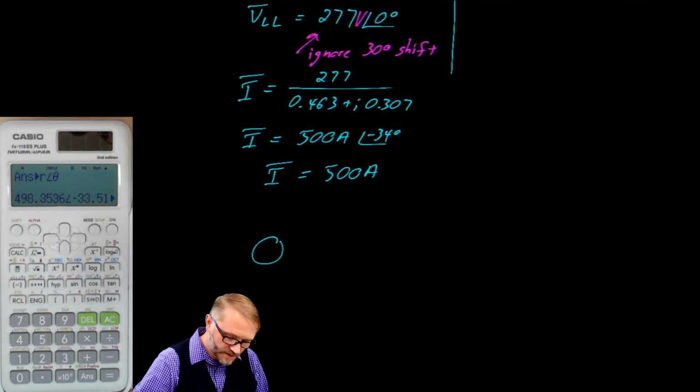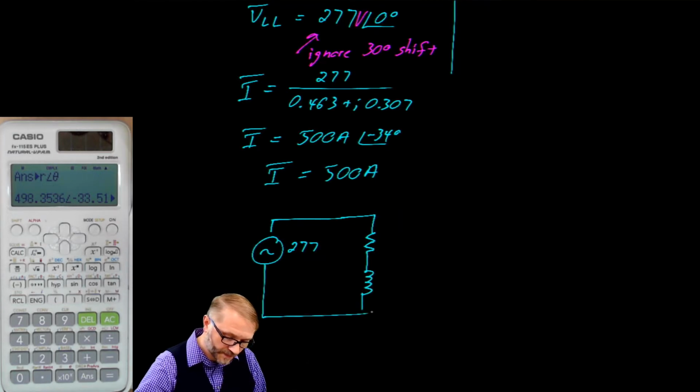Pictorially, this is what we did in this method. We took 277 volts and then our per phase impedance, which was 0.463 and j 0.307, put those two together and then calculated this current.